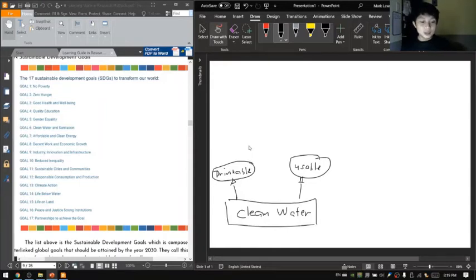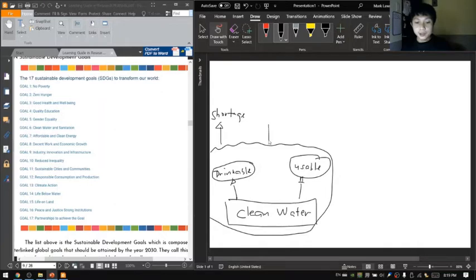Okay, so for clean water, the problem could be due to shortage of water. It could also be due to pollution. Actually, I can only think of two right now. I don't know if you can think of a third one.